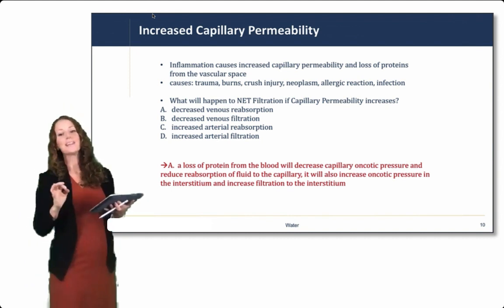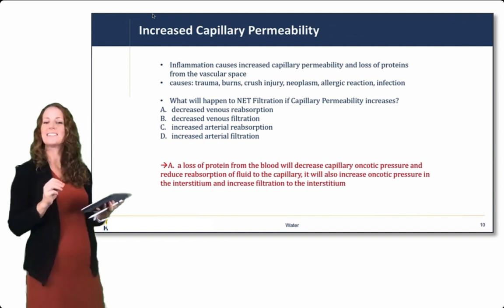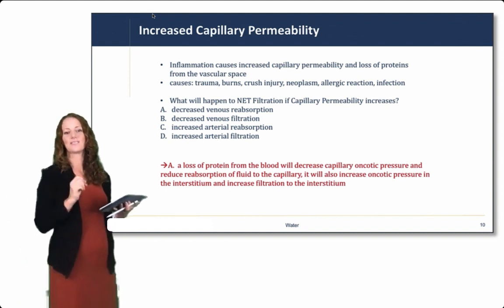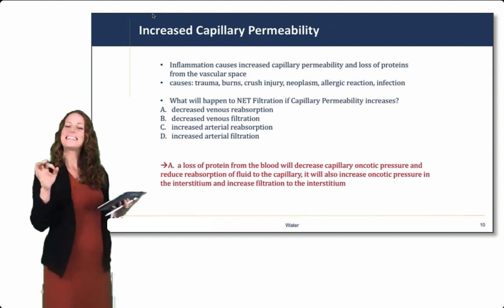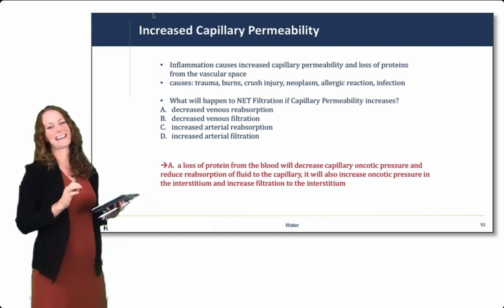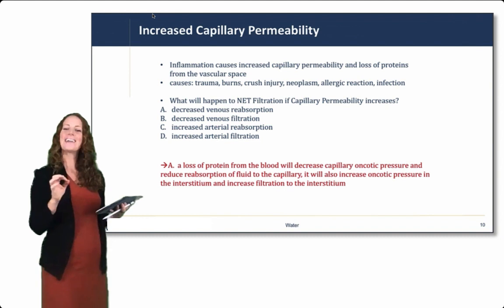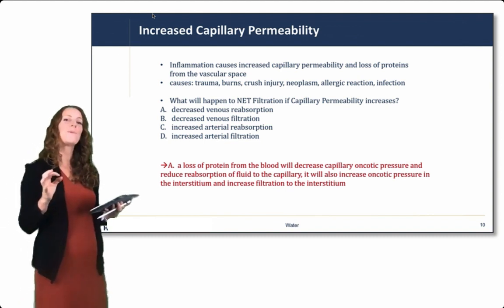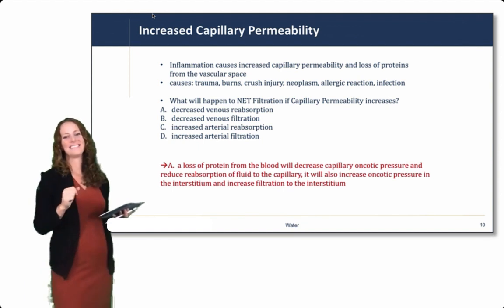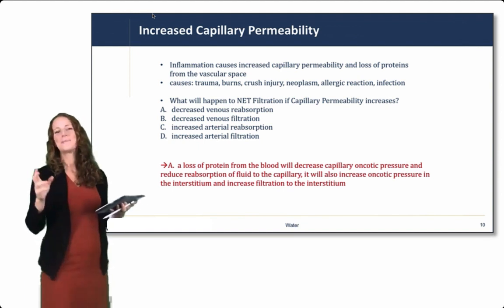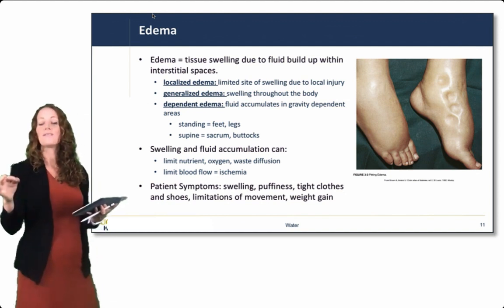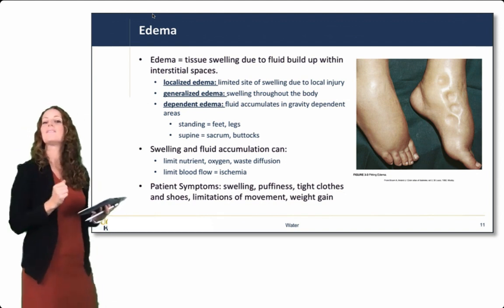It will also increase oncotic pressure in the interstitium and increase filtration to the interstitium. So if you said D, you are also correct. So A or D, totally fine answers here. Either way, what do you get with inflammation? Edema, swelling.